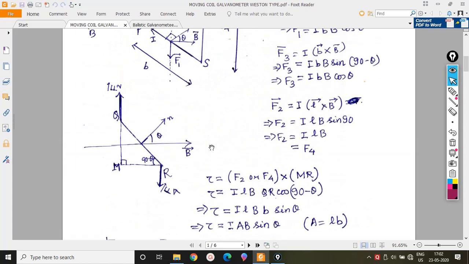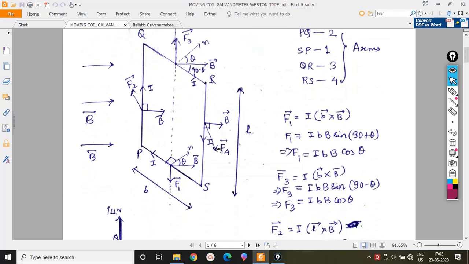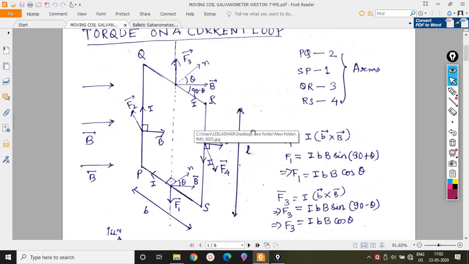The answer is no. Only placing the coil in the magnetic field and sending a current will not give you the action of a galvanometer, because you have seen that in a galvanometer in your laboratory, generally which you call a Weston type galvanometer, you have a pointer and the pointer swings when you put a current, and you get a deflection proportional to current.